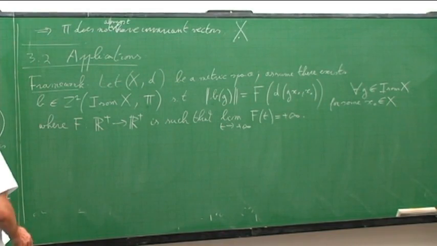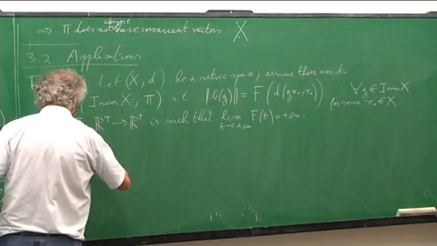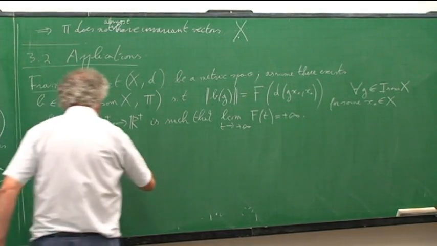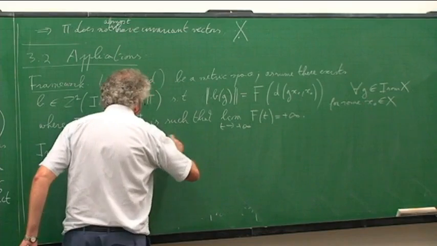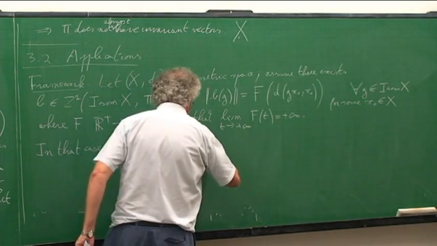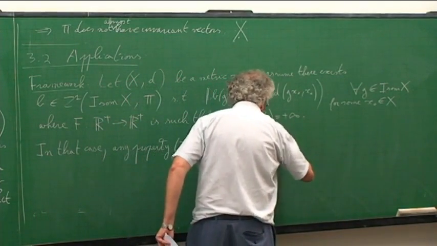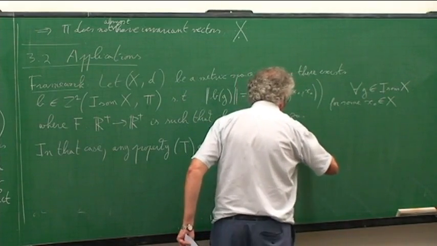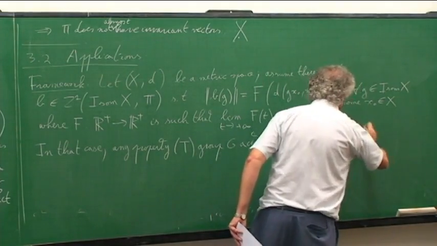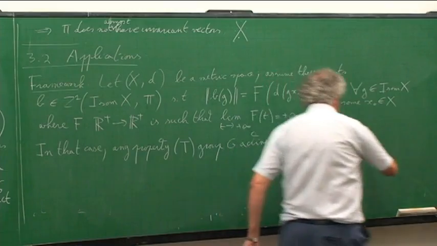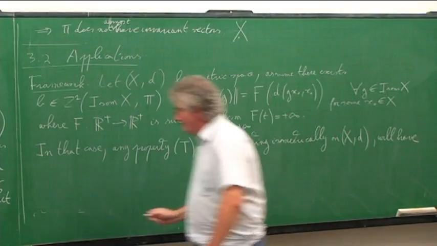In that case, any property T group G acting isometrically on that metric space X, d will have bounded orbits.